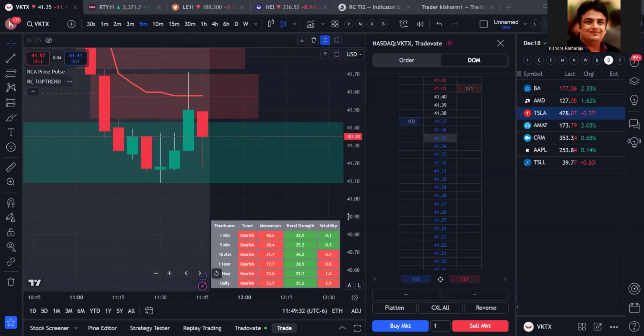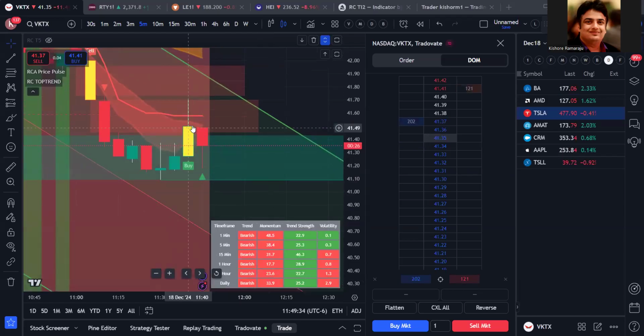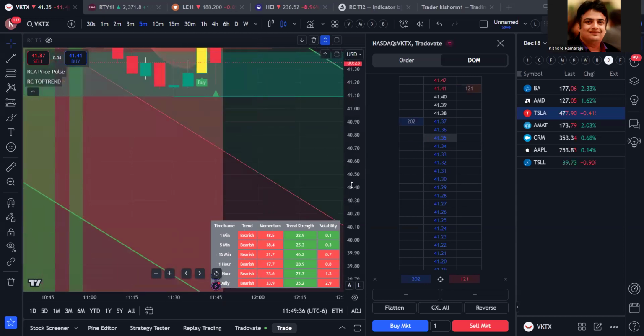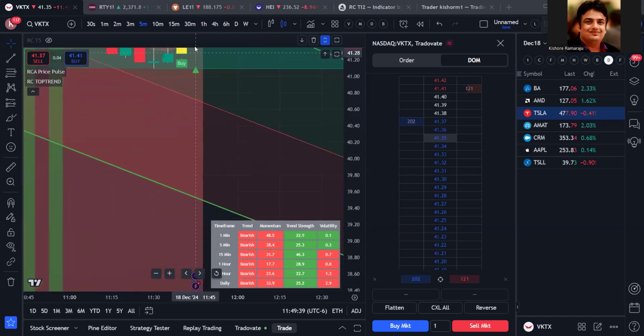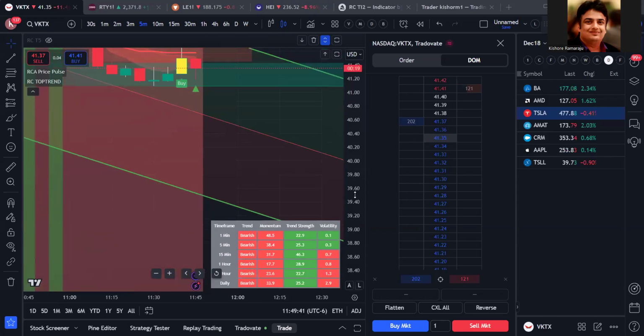It is dropping more. Right, we can hold it. So there is more potential to drop all the way to 39 or $36.